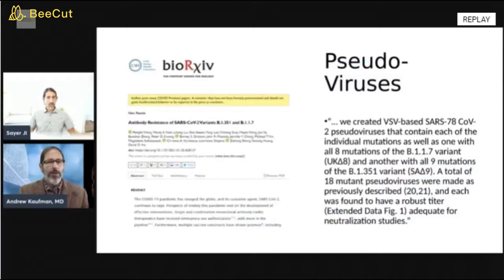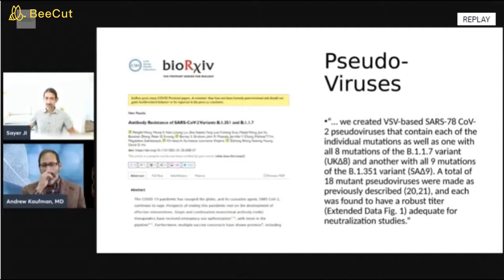And here's one of the papers, on antibody resistance to B.1.351 and B.1.1.7, and those are code words for different variants. I'm pretty sure this one is Delta, but you can easily check. So here's what they say. They created VSV, and that's an animal virus, based SARS-CoV-2 pseudoviruses that contain each of the individual mutations.